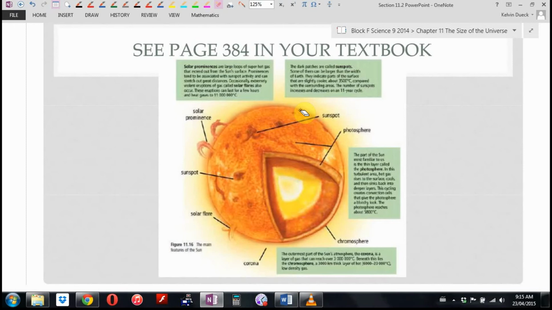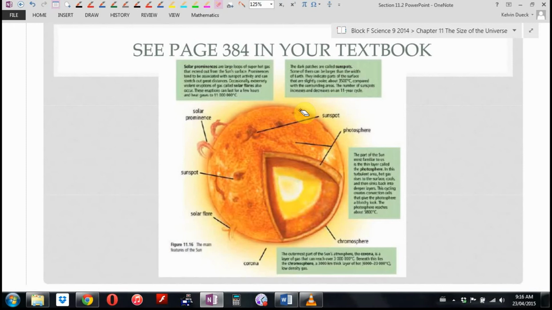You might want to make a little note at the bottom of the page here. See page 384. That's going to be part of your study guide, Riley, because the color diagrams, I've tried to reproduce them, and they just become smears on the photocopier, so it's a waste of my time.